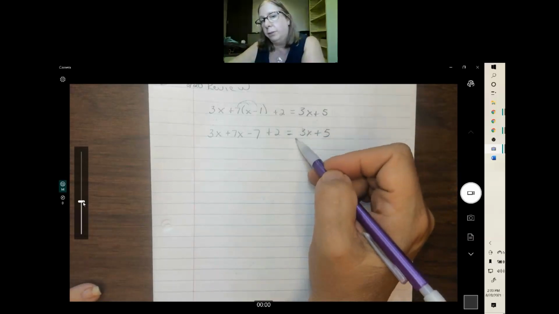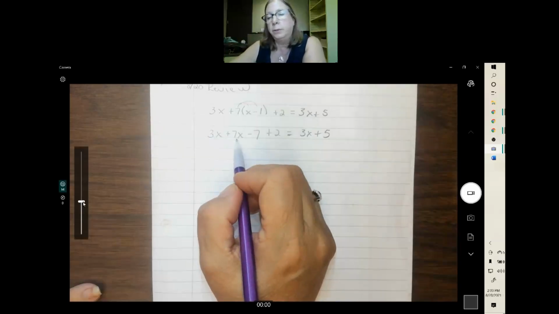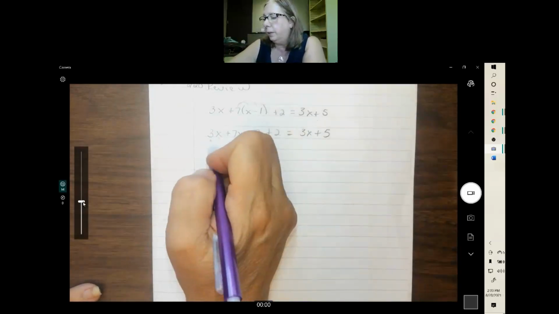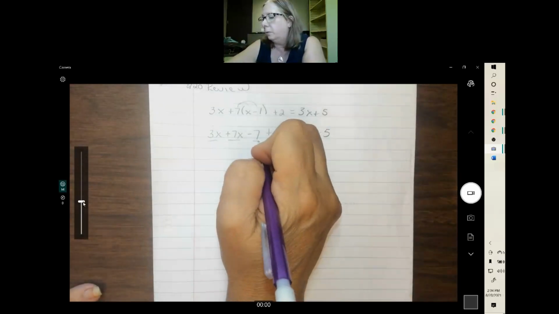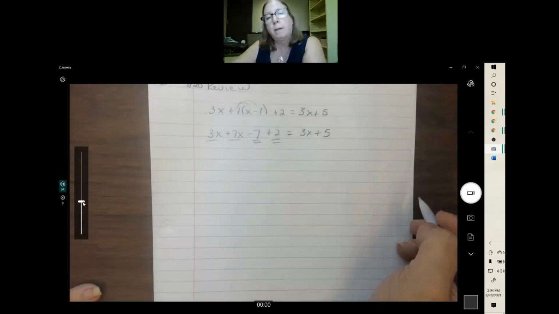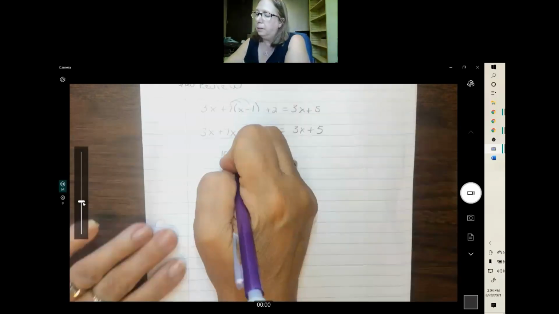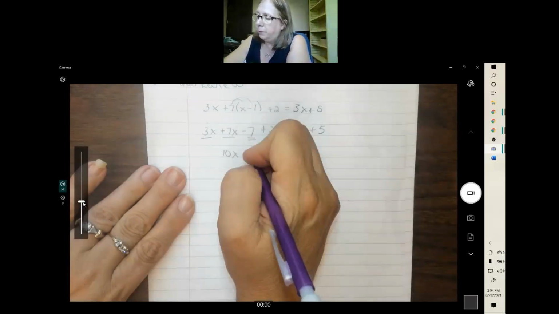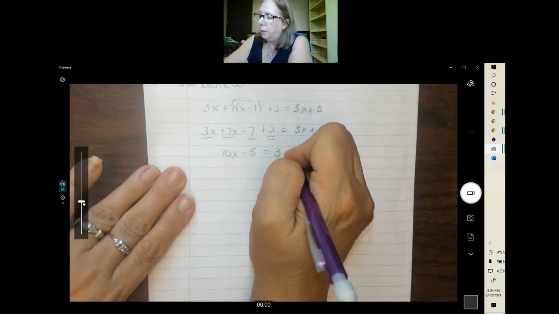So we won't change this side. But this side has 1, 2, 3, 4 terms. These two are like terms that we can combine. And then we can combine these two. 3x plus 7x is 10x. A negative 7 plus 2 is a negative 5, equal to 3x plus 5.